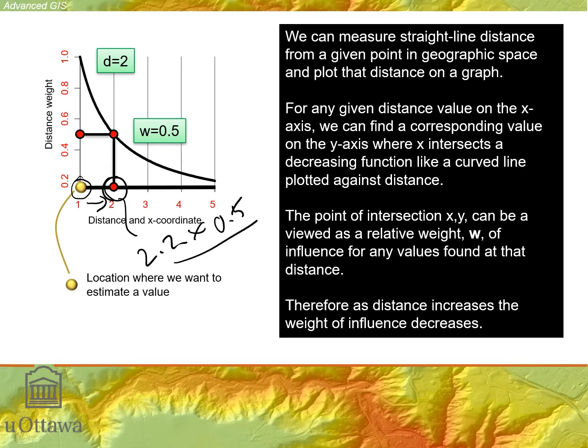And this curve here at the top, the black curve that's concave up, is the assumed model of spatial autocorrelation. So we have that assumed model, and then we can use that to derive weights to get how much something should be weighted according to how far it is from the location at which we want to estimate a value.